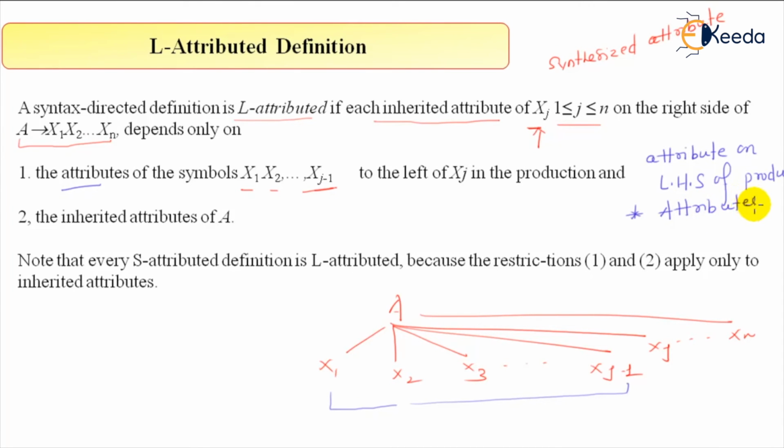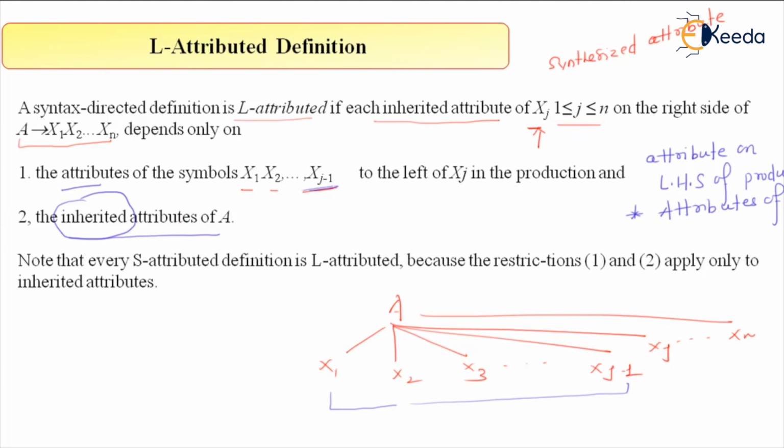So both the points say attributes of. So it depends upon x1, x2, up to xj minus 1, or the inherited attribute of A. This point clearly says that it depends upon the inherited attribute of A. So it depends upon x1, x2, x3, up to xj minus 1, that is attributes on the left hand side, or it depends upon the inherited attribute of A.